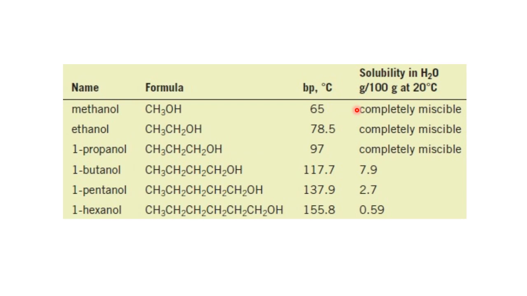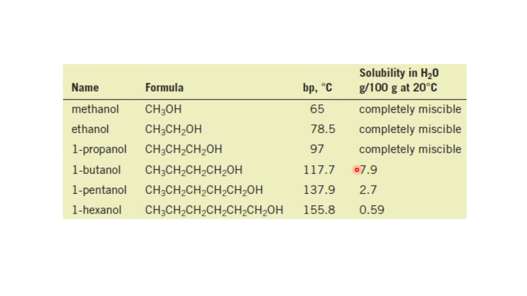Solubility in water: alcohols have solubility in water. Methanol is completely miscible, ethanol the same, propanol the same, because of the strong hydrogen bonding between alcohols and water. When we go to butanol, it starts to be slightly soluble.